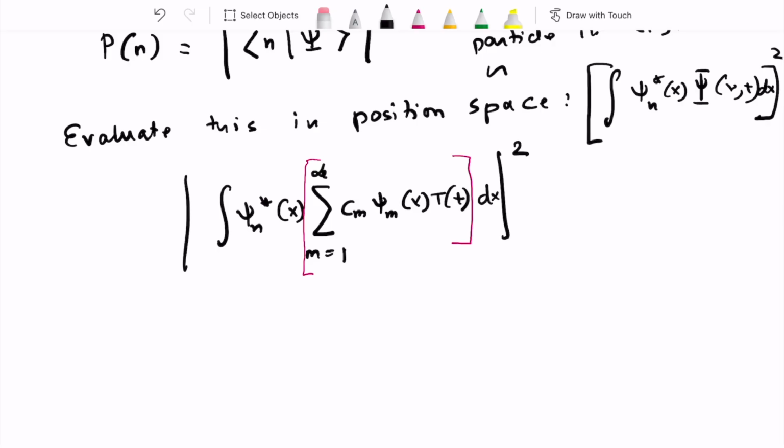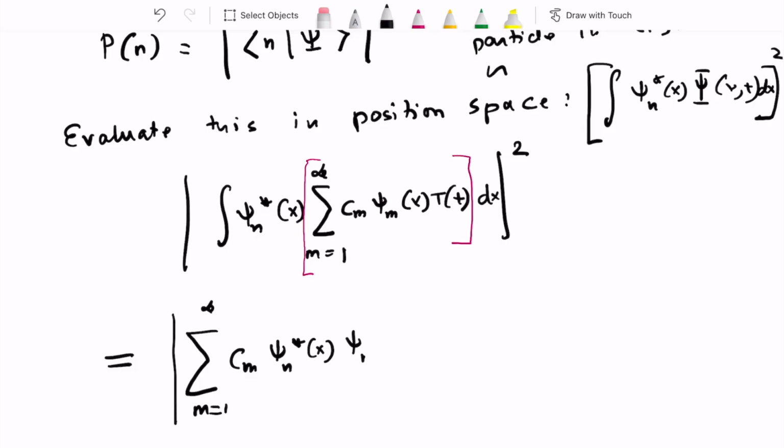So this integral is not hard to do. I can just pull the summation outside, m equals 1 to infinity, and then I have the Cm psi n star of x psi m of x dx, and move the integral inside.